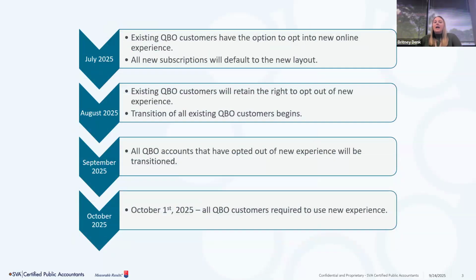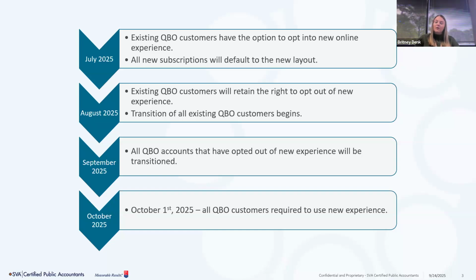Okay, so for our timeline, this all started in July. In July, existing customers could opt into the new interface, and all new subscriptions defaulted to that layout. Then throughout August, a lot of customers were migrated. You probably logged in one day and noticed, oh, wow, this all looks totally different. So a lot of customers were migrated to the newest version of QuickBooks, the new experience, but you still had the option to opt out of that new experience.